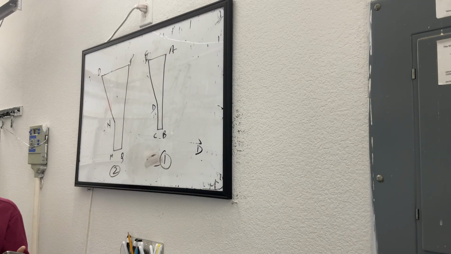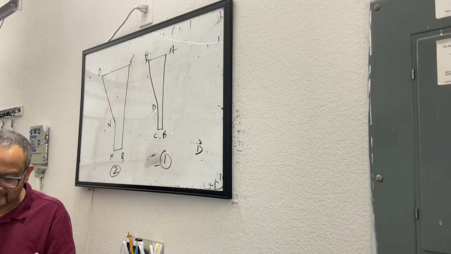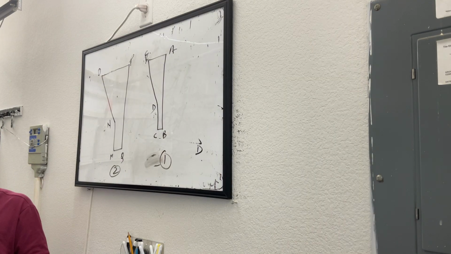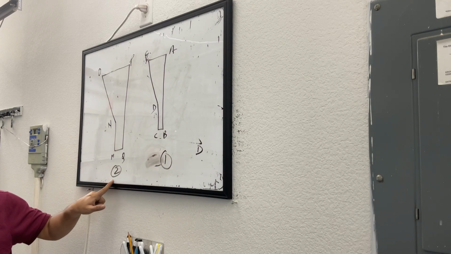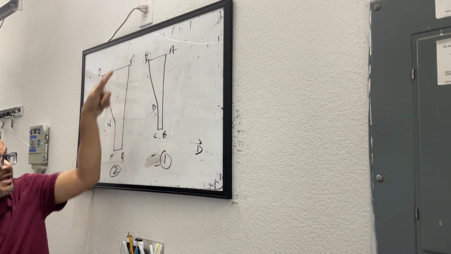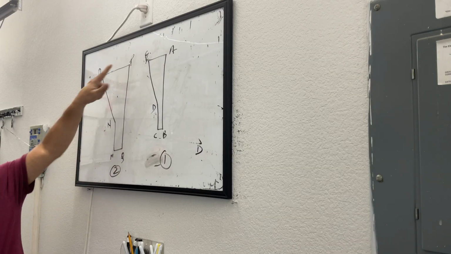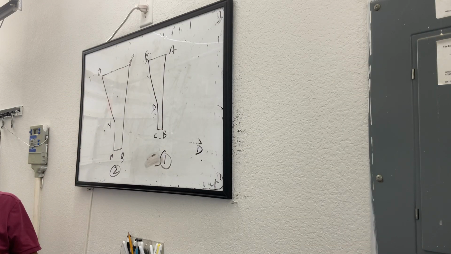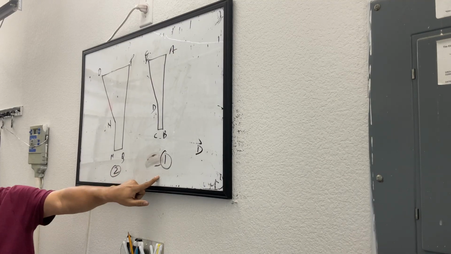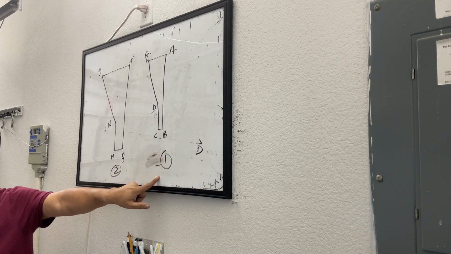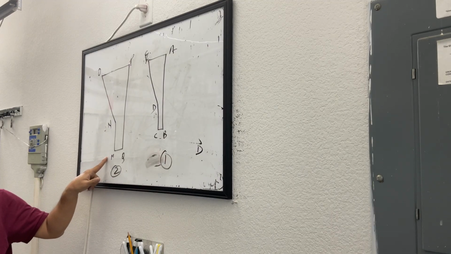This is figure 1, this is figure 2, and you can see C, B, A, E, D. This is M, Q, P, O, N. The bigger one is 2, smaller one is 1. It says identify the side in figure 2 that corresponds to side AB.